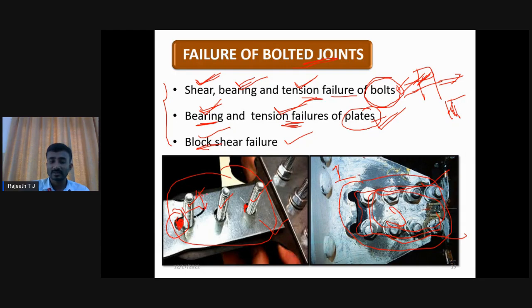I'm going to discuss in the next slide what we mean by end and edge distance. So typically we consider shear, bearing, and also block shear failure. Out of these three, whichever is least, that one we should consider for the design of bolted joints. This is about the failure of bolted joints, nothing but the strength of the bolted joints.